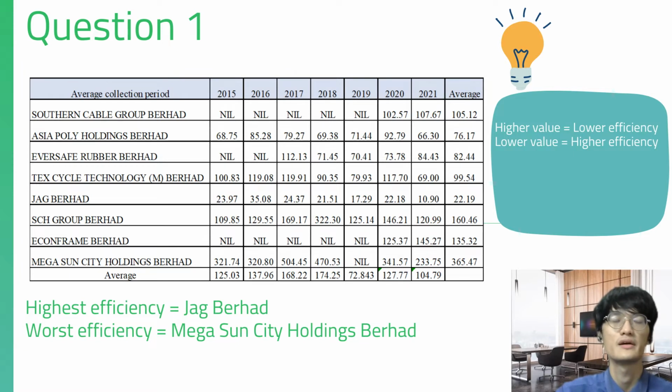So there's an inverse relationship between accounts receivable turnover ratio and average collection period. Based on the table, the company that has the lowest average collection period is Jack Berhad, while the company that has the highest average collection period is Megasun City Holdings Berhad. Therefore, Jack Berhad is the best performing company in using its assets to generate sales, while Megasun City underperformed significantly in using its assets to generate sales.